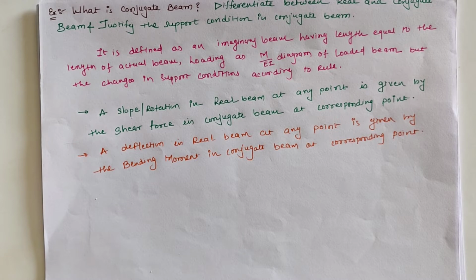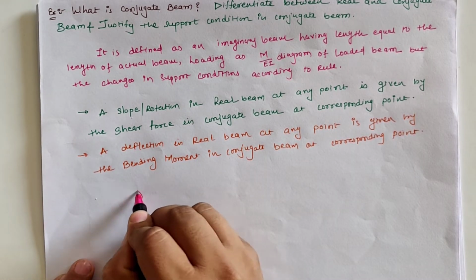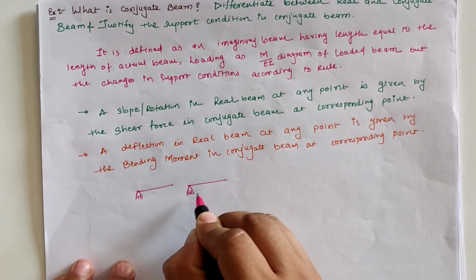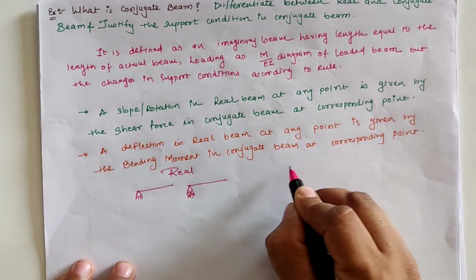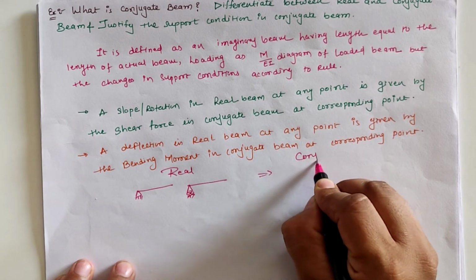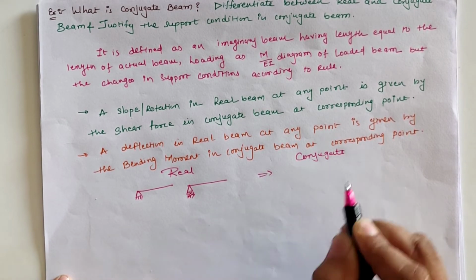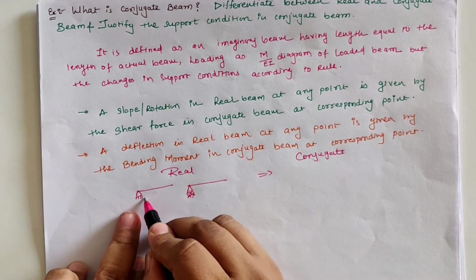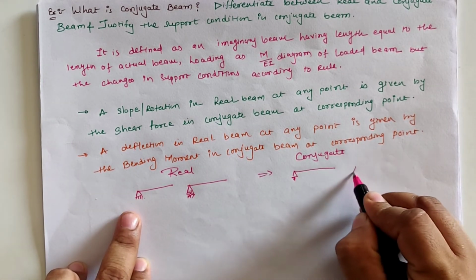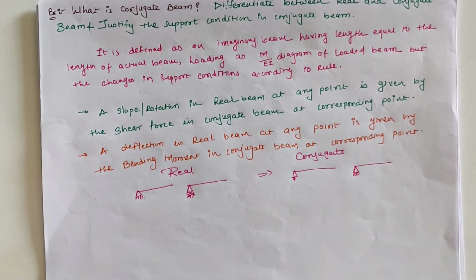Now in the real beam, if we have a hinge support or roller support, then for the conjugate beam the support is not converted into another support. It means a hinge support becomes a hinge while a roller support becomes a roller support.